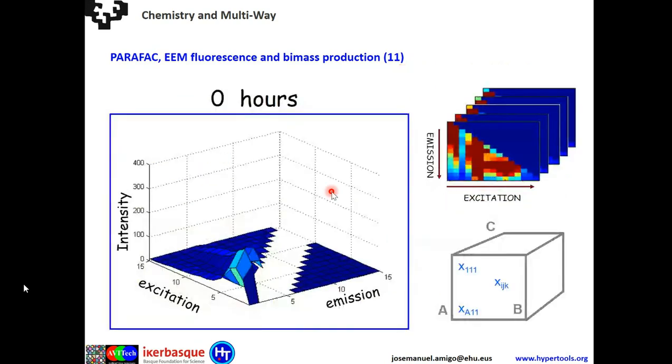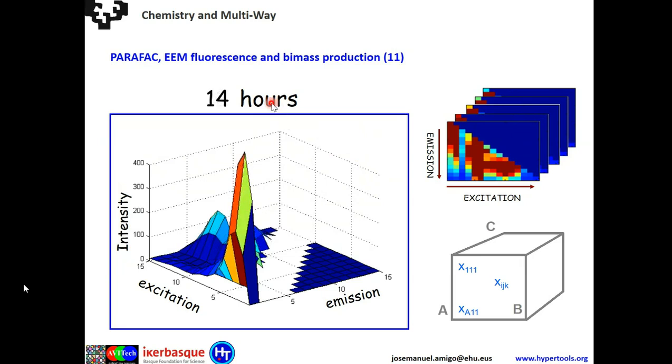So actually, this is the signal evolving with time. As you can see, 2, 4, 6, 8, 10, up to 14 hours, you can see that there are things happening here. And then all these samples for each time we collected in our three-way array, in a three-way structure in which in this direction we have time.